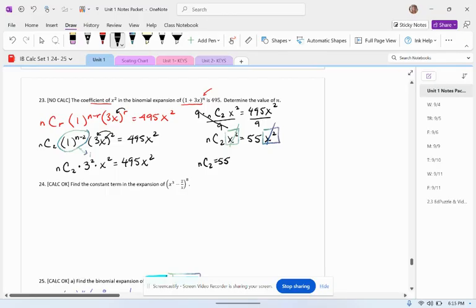How do we figure out an unknown n over there? Well, let's go to the formula for n choose r, and maybe that will help us, okay? nCr is equal to n factorial over r factorial times (n minus r) factorial. I have n choose 2 is equal to, I'm just subbing in my known stuff now. I don't know what n is, but I do know that r is 2, and I do know that n minus 2 is down here in the denominator, okay? So let's try to figure out this whole piece here.